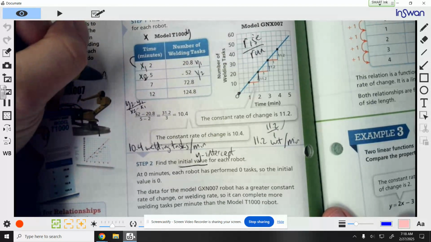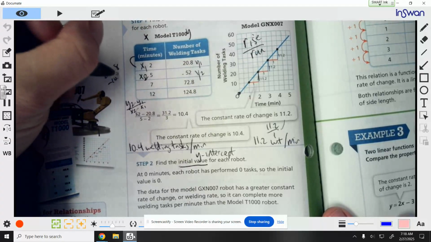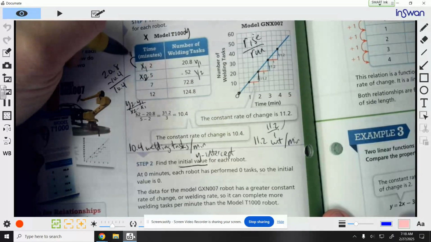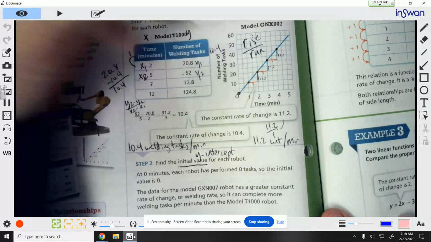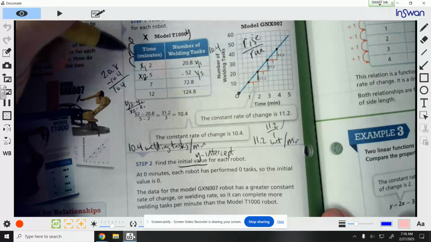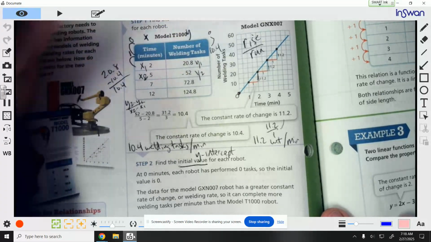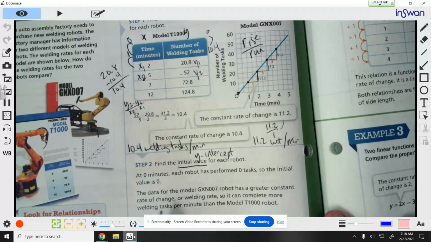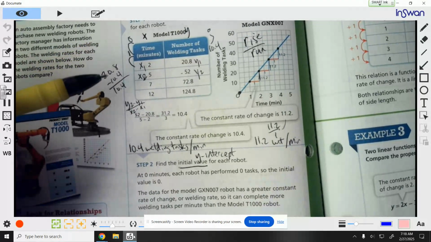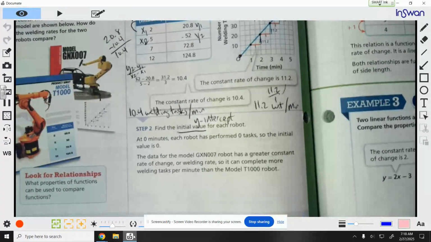So 20.8 minus 10.4 is 10.4. So at 1 minute, it was at 10.4. If I go back another minute, 0, I would subtract another 10.4, and we'd see we'd be at 0. So both of the robots at 0 minutes did 0 welding tasks.